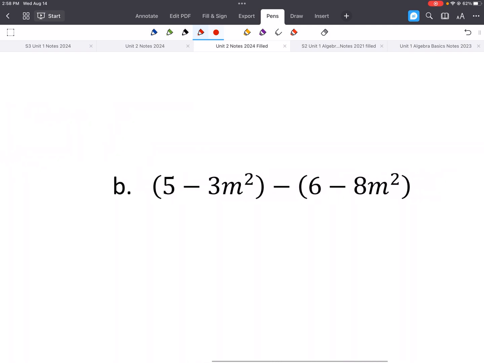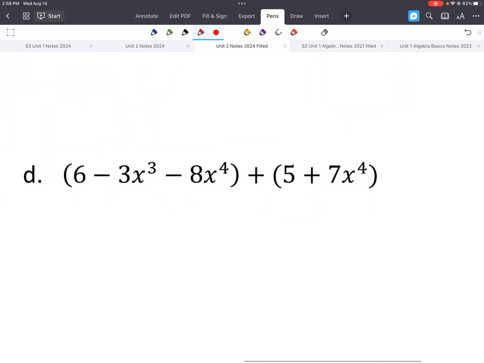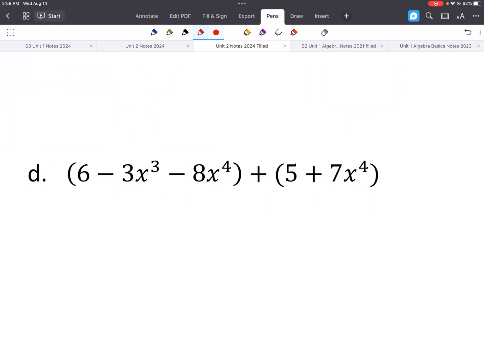All right, here's another example. Let's do another adding. So this is example D. Again, we want to maybe start by finding like terms. So here is a negative 8x to the fourth and a positive 7x to the fourth. So again, we're adding those together. So we would get negative 1x to the fourth. Then go to the next highest.